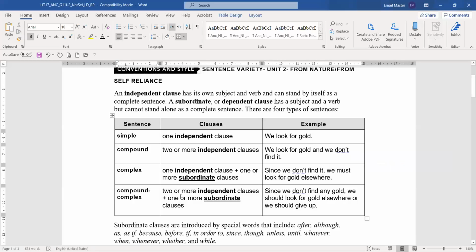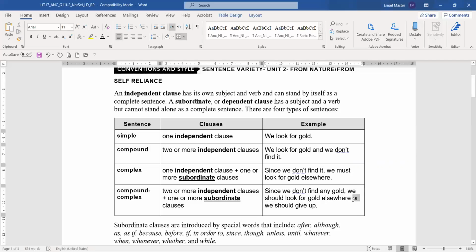Compound and complex, you need two or more independent clauses plus one or more subordinate clauses. Since we don't find any gold, this is the subordinate dependent one, we should look for gold elsewhere or we should give up. So we should look for gold elsewhere and we should give up. They are independent clauses and combine with or.